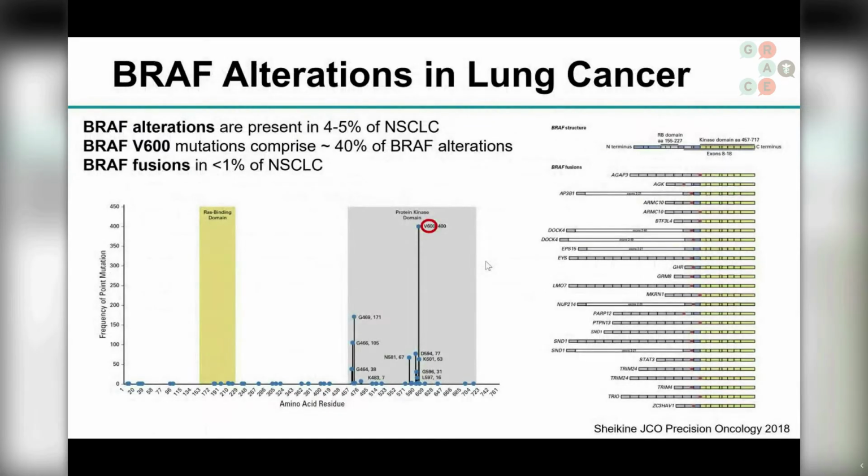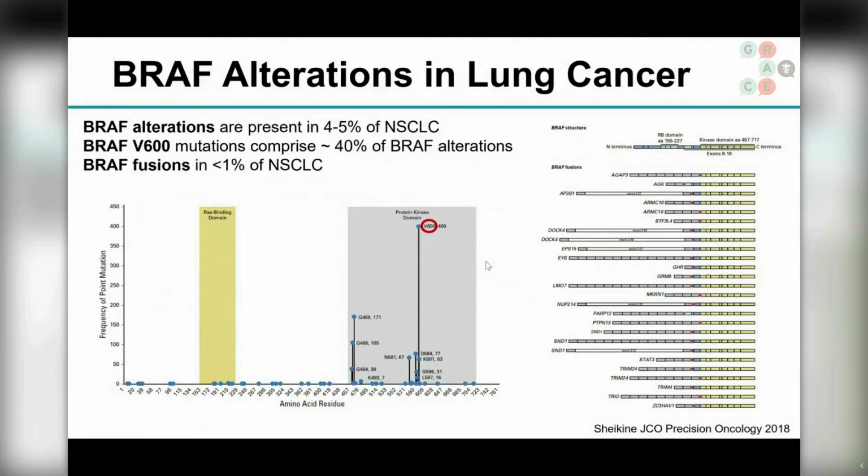And so when we think about activating oncogenic alterations in lung cancer, we think about mutations like EGFR mutations, rearrangements like ALK and ROS1, and then sometimes we can get copy number gain like amplifications in MET. BRAF can be altered or activated in a variety of ways in lung cancer, but by far and away, the most common way that BRAF is activated is through a mutation.